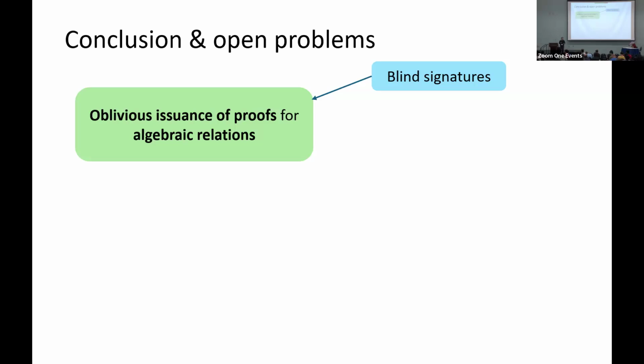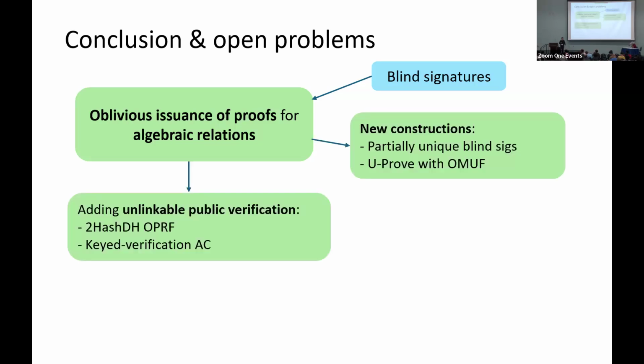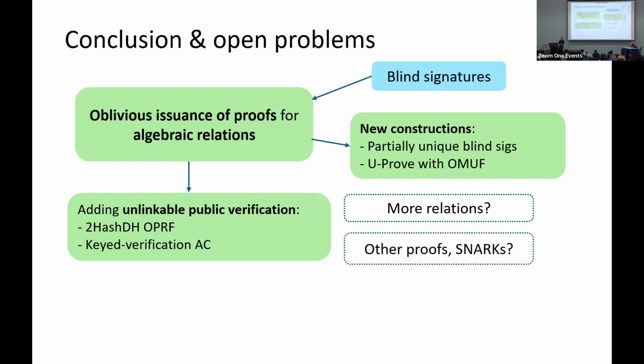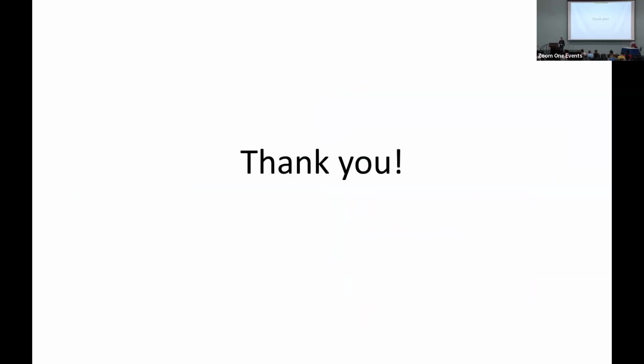We give paradigm-free constructions for algebraic relations, which imply several applications. In terms of future work, it would be valuable to explore whether we can extend our construction to more relations, and also whether we can construct oblivious issuance protocols for more kinds of proofs like SNARKs. It would also be interesting to see whether there are other applications. So that's all for the talk. Thank you for listening.